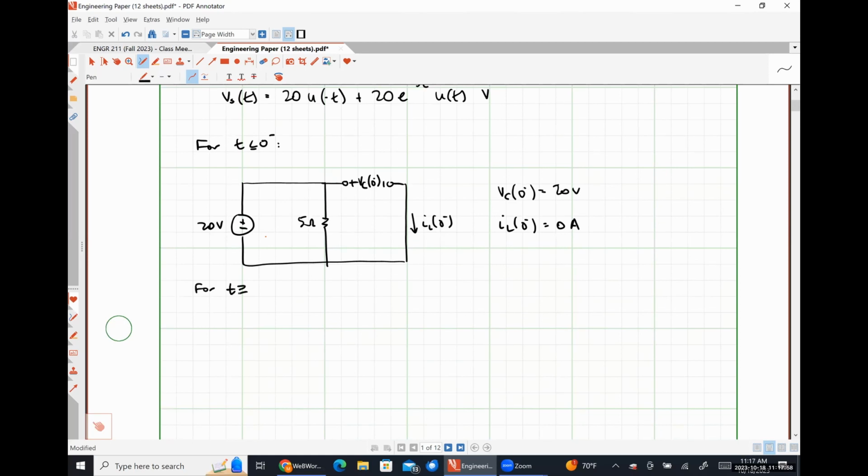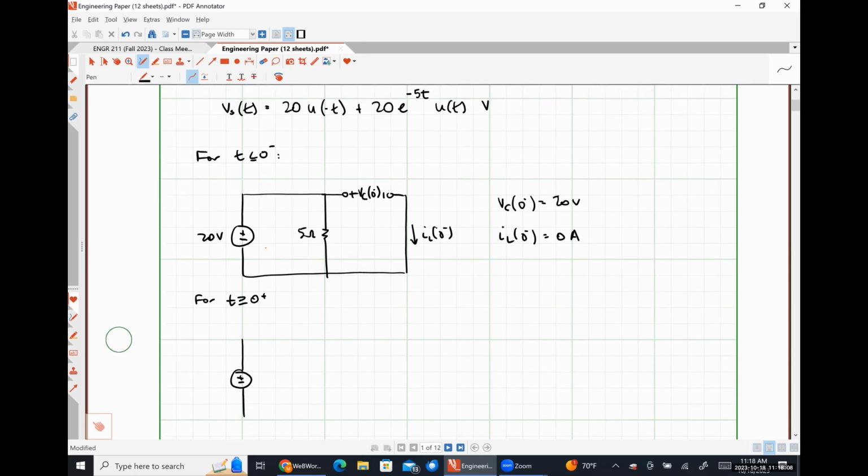for t greater than or equal to 0 plus, I'm just going to go straight into the S domain. So this would look like 20 over S plus 5. My resistor is still a 5-ohm resistor.